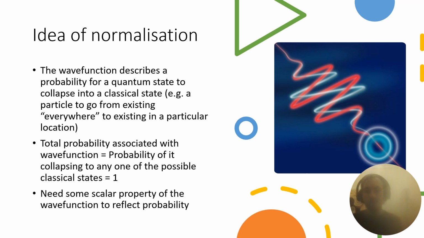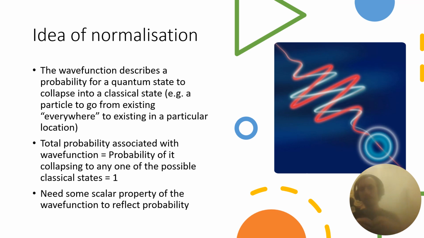Or to put it more formally, the total probability associated with our wave function should equal the probability of our particle collapsing into any one of the possible classical states, and this total probability should equal 1. That is, it should definitely, for certain, with 100% certainty, collapse into one of its classical states.